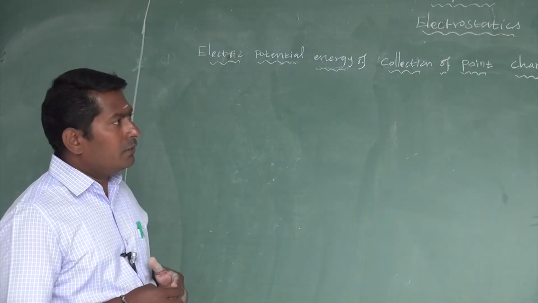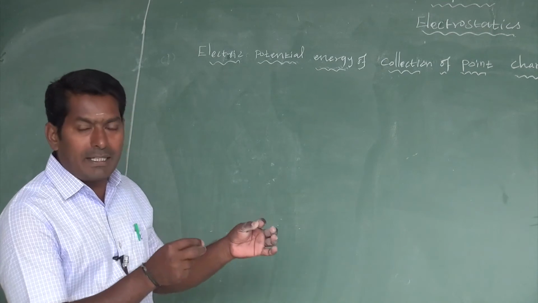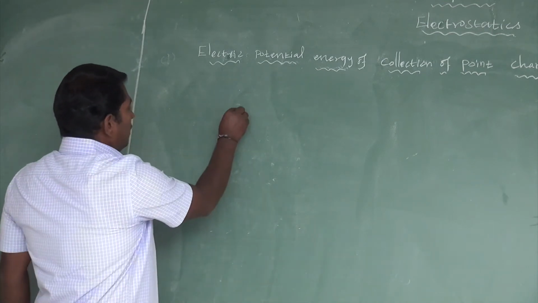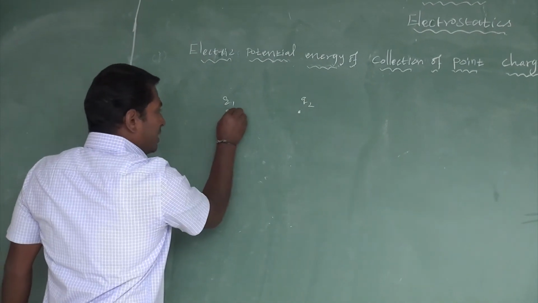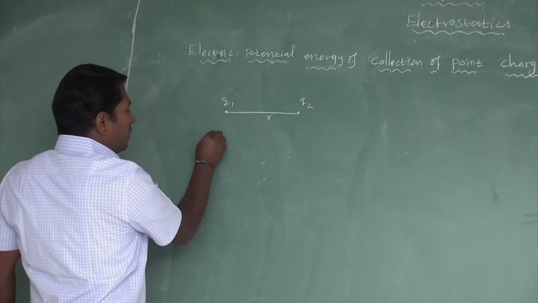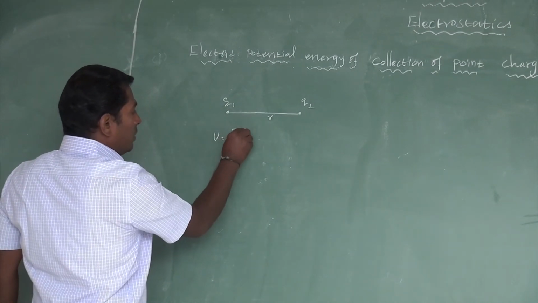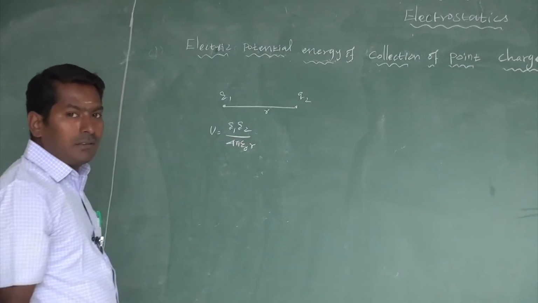Already I finished: the electrostatic potential energy between two point charges situated in a medium and assembled at a distance r is U equals Q1 Q2 divided by 4 pi epsilon naught r.